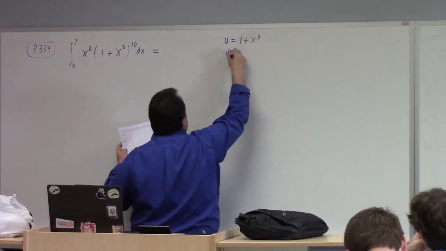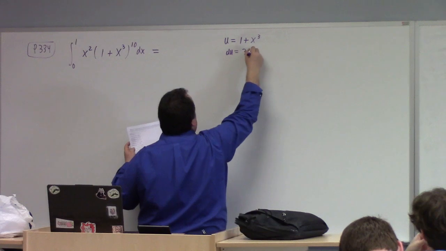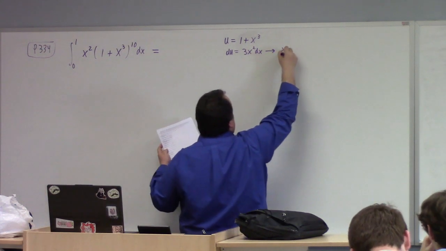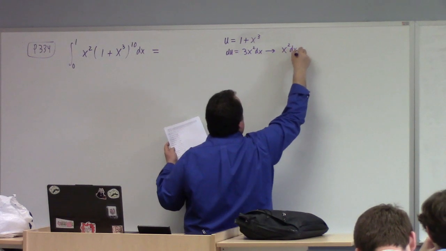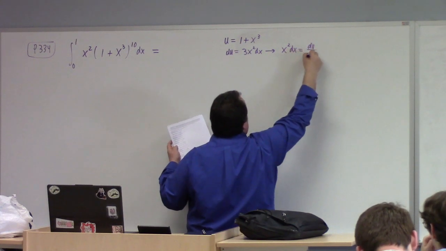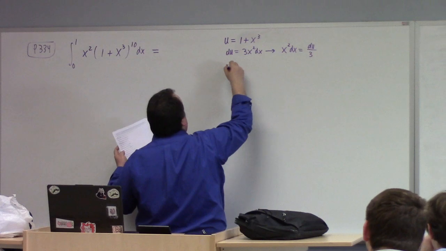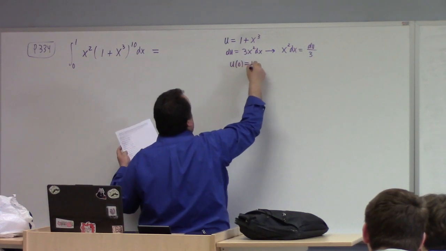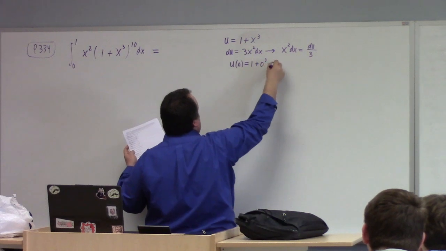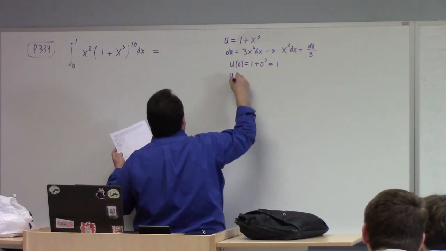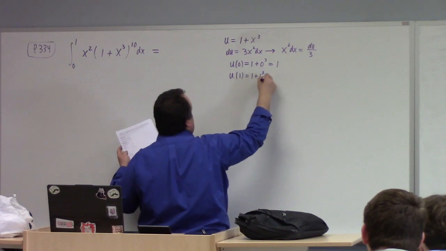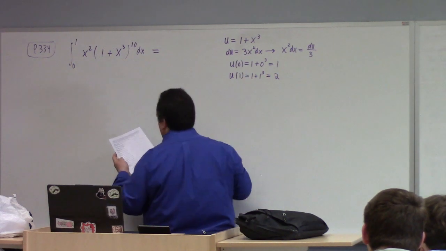So du would be 3x squared dx. So x squared dx would be du over 3, right? And then what's u of 0? That'd be 1 plus 0 cubed, which is 1. And u of 1 will be 1 plus 1 cubed, which is 2, right?